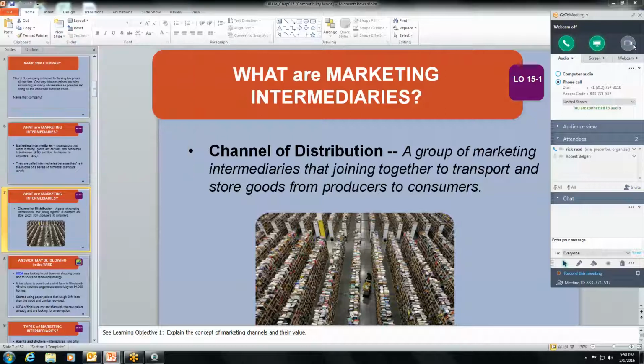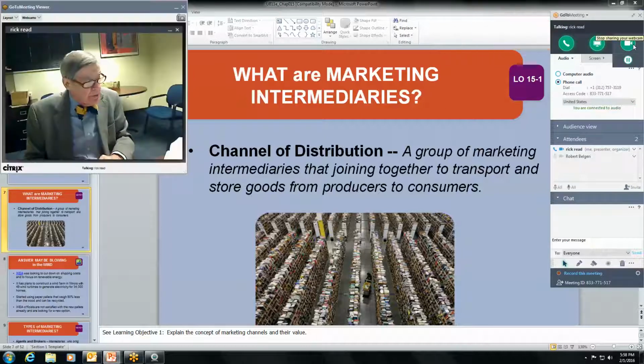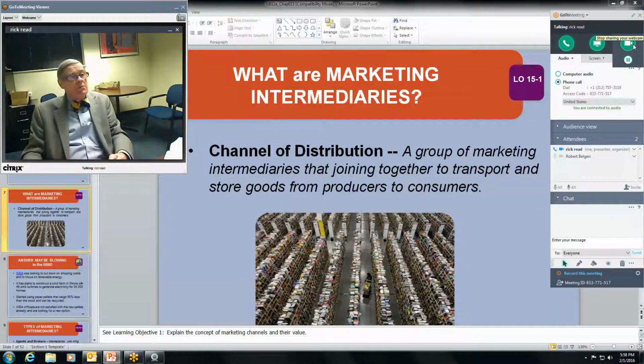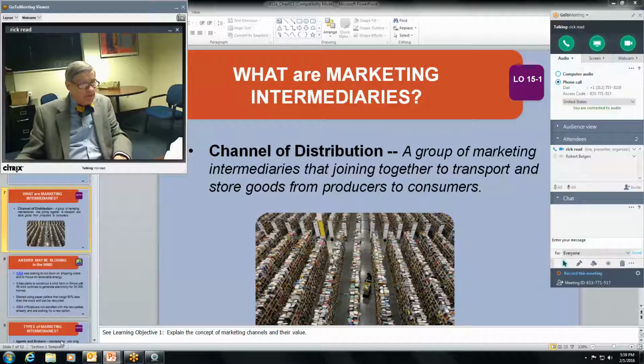A channel of distribution is a group of marketing intermediaries that band together to do a number of things, to transport and store goods from producers to consumers or producers to other businesses.